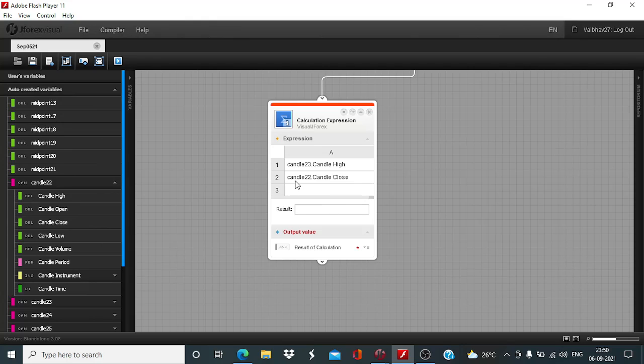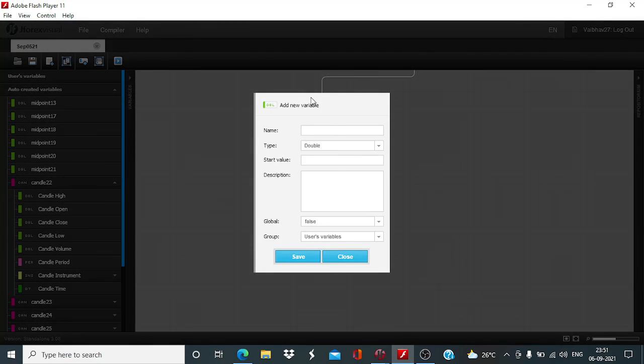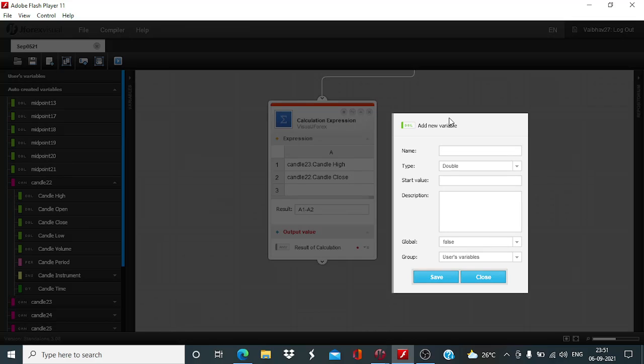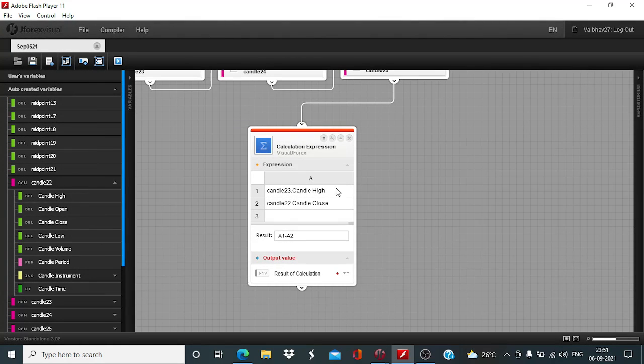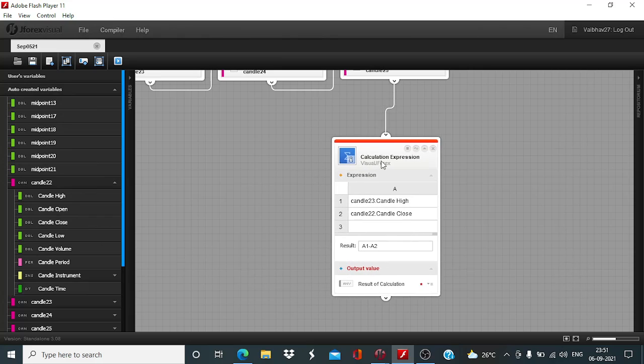So we have defined these two variables a1, a2, and all we need to do is calculate a1 minus a2, and the result of the calculation. Here we will not define this variable result of the calculation, as we need the data type to be different. We will need it in integer format.